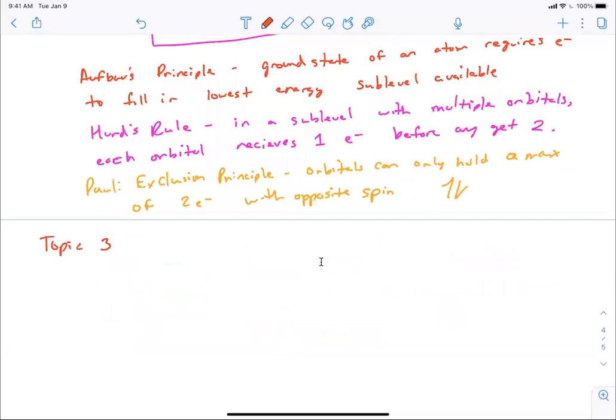Topic 3 is kind of the periodic trends. I'm going to assume that you know the group number and the period number concepts by now, so I'm not going to state them.